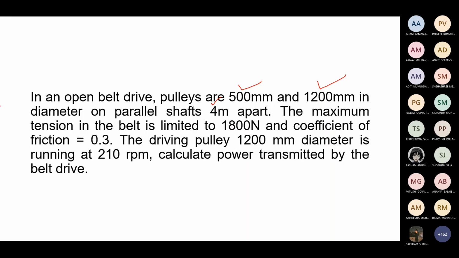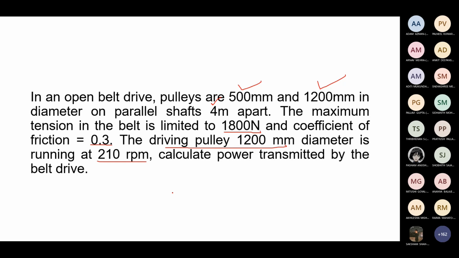The maximum tension in the belt is 1800 Newton, and the coefficient of friction is 0.3. Mu is 0.3.